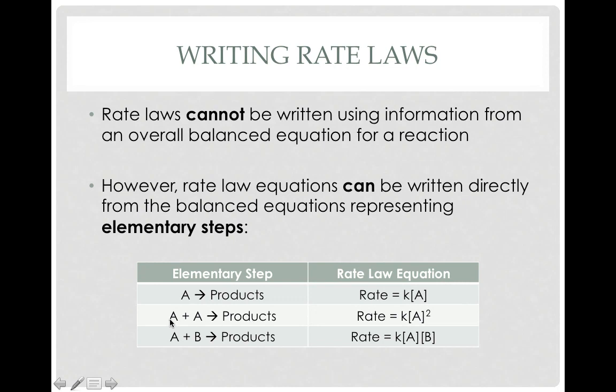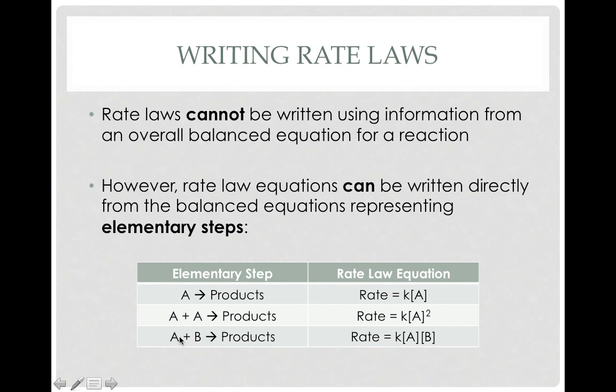If we have an elementary step where we have 2 of the identical reactants coming together to form products, the rate law expression will be the rate is equal to k times the concentration of A squared. And it's going to be squared because there are 2 reactants in this reaction that are identical.